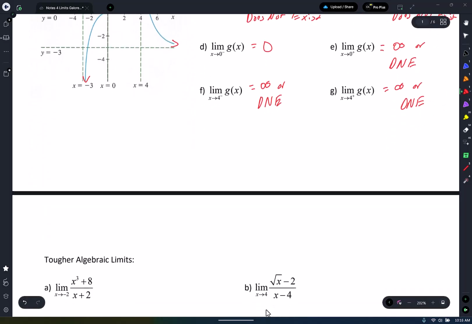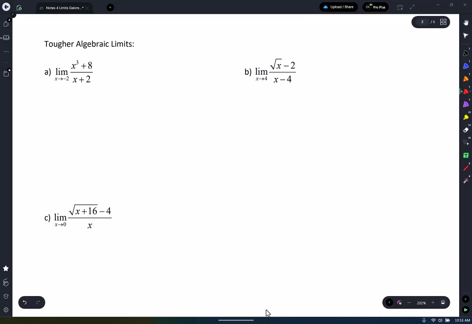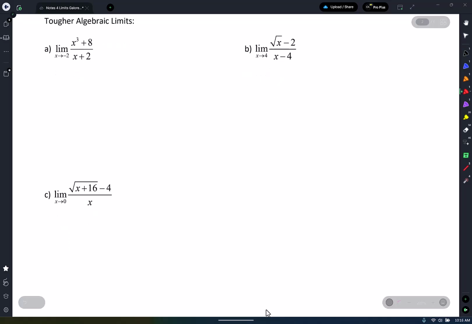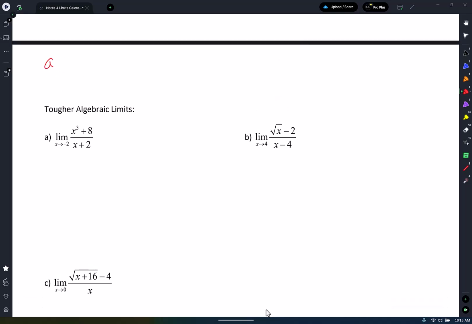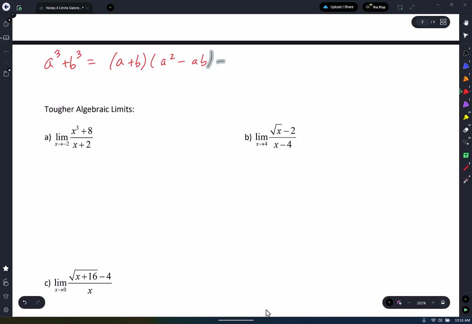All right, here we go. Tougher ones. This is what we need help on. It's the algebra, really. So write these two down. This is the sum of cubes, a cubed plus b cubed. This formula looks like this: a plus b, a squared minus ab plus b squared.